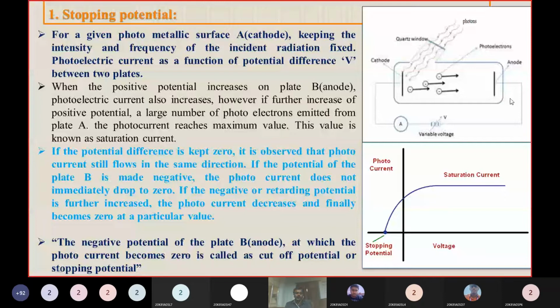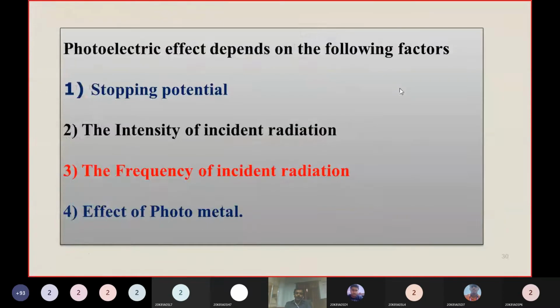Now, for finding the stopping potential, we keep the intensity of light constant as well as the frequency of the light constant. The metal plate is also constant; we are not changing it. The photoelectric effect depends on four parameters.